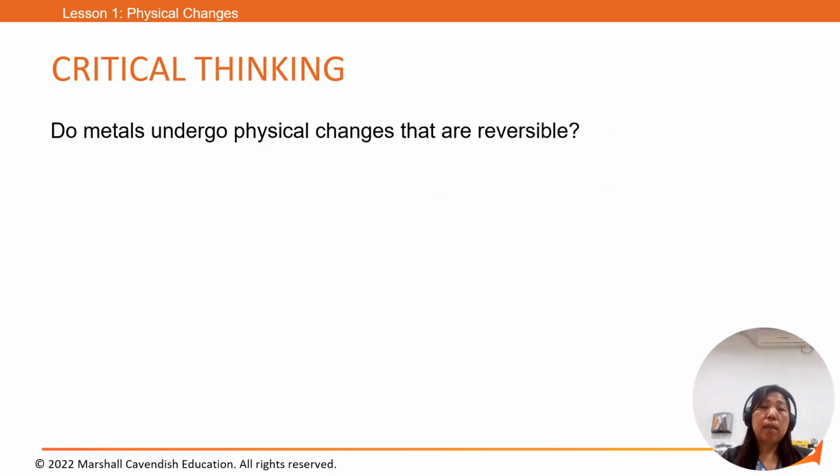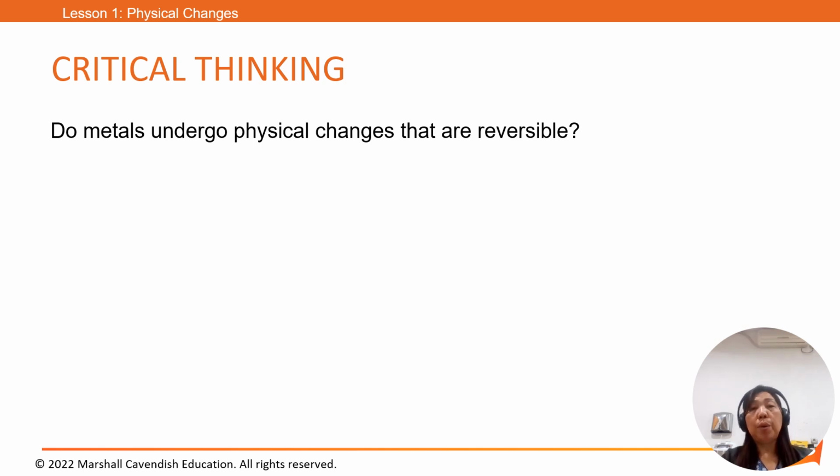Now let's discuss this one question. Do metals undergo physical changes that are reversible? The answer would be yes. Metals undergo physical changes that are reversible. Because when we heat metals and they melt at a certain melting point, it means they will become liquid.